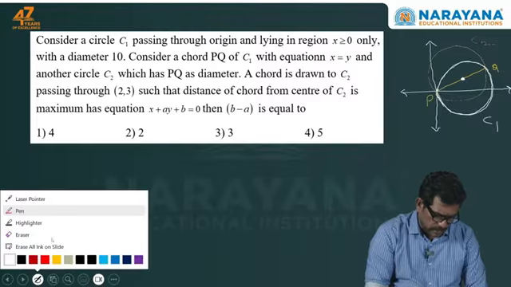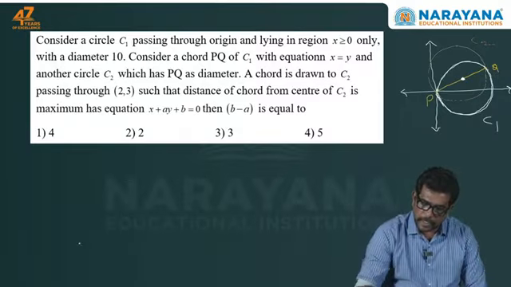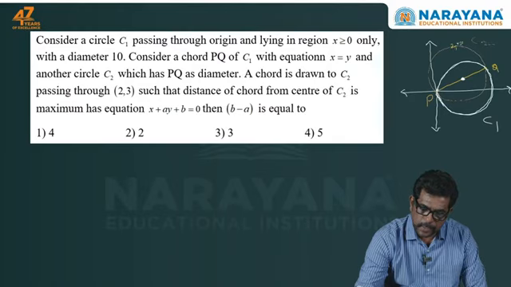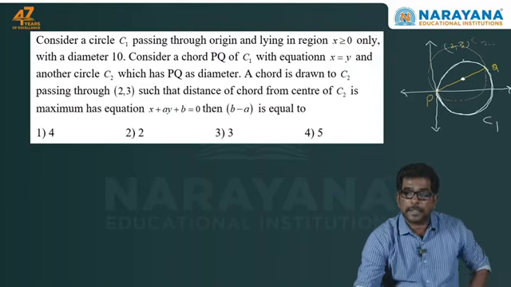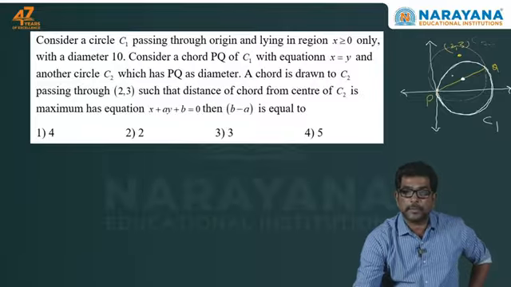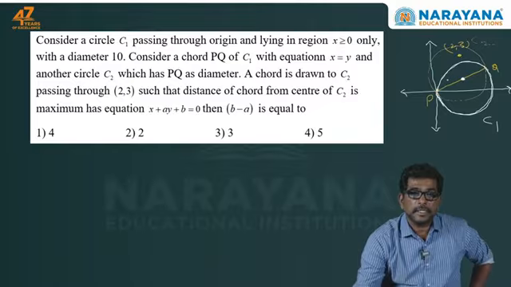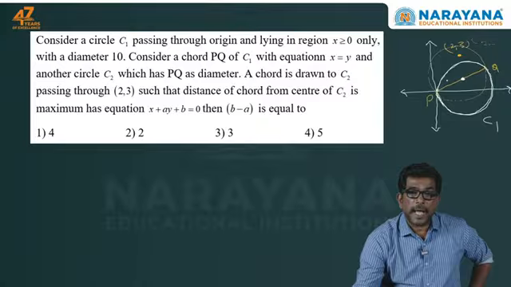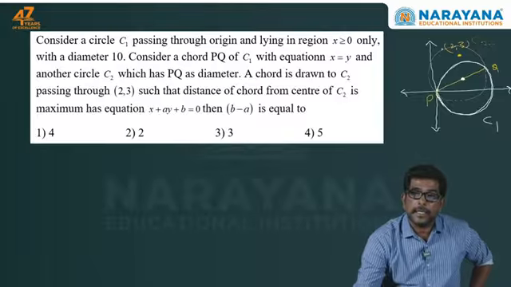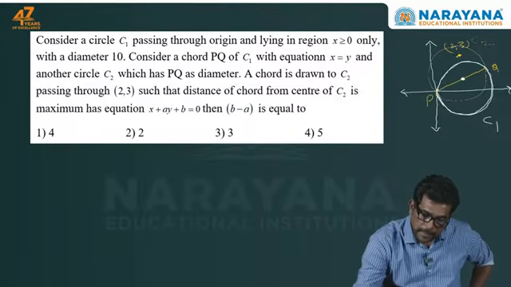How is it possible? Observe that there are so many possible chords. Suppose (2, 3) is a point. Through (2, 3) there are many possible chords. Out of all these, the one having the maximum distance is the chord parallel to PQ. Only then does that chord have the maximum distance.